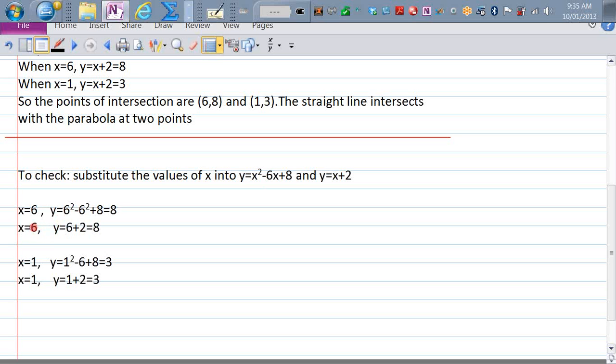When x is equal to 6 and we plug it into x plus 2, we get 8. So if it's a point of intersection, the x's and the y's have to be the same for both sets of points.